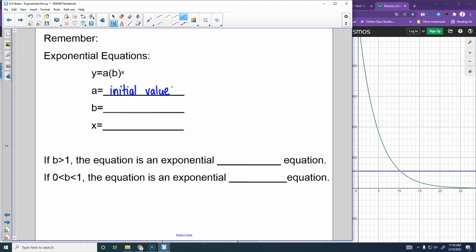What do we usually have for our b? It's almost our rate of change, right? It's our factor that goes with our rate of change. Our rate of change would be like we are decreasing by 5%. Our growth or decay factor is what we're going to call this here.